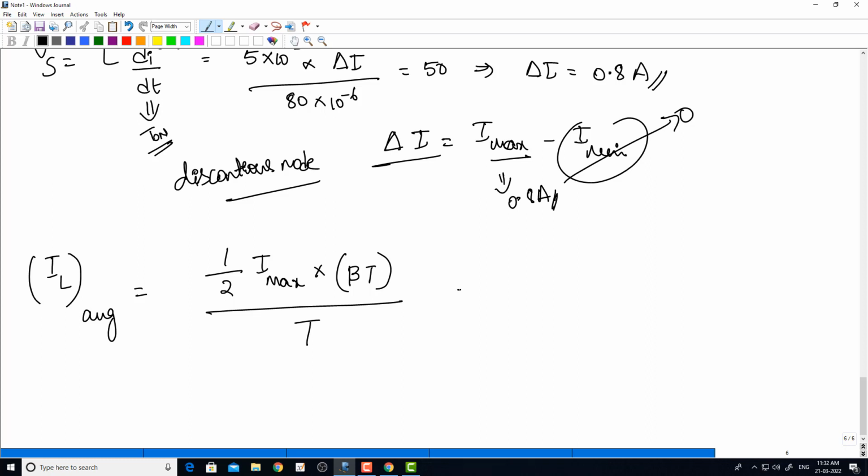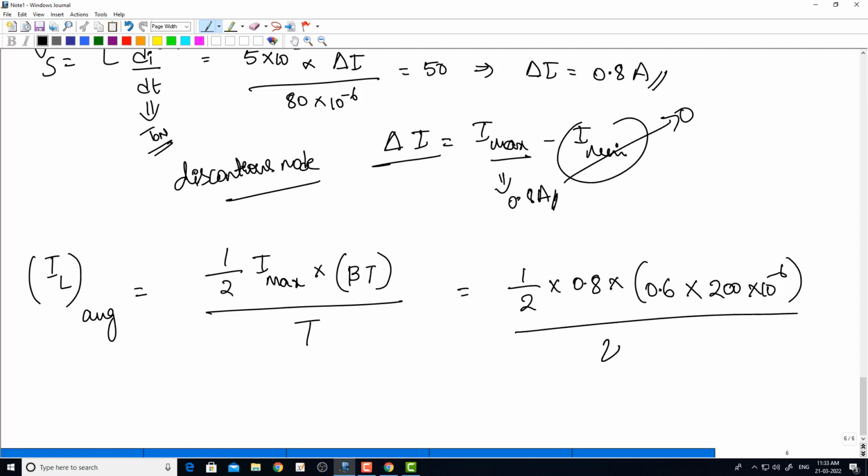The height is I max, and the width is the time it conducts. So it is 1 by 2 into 0.8 into beta, 0.6, into T, 200 microseconds, divided by 200 into 10 to the power of minus 6. If we simplify, we get 0.24 amps.